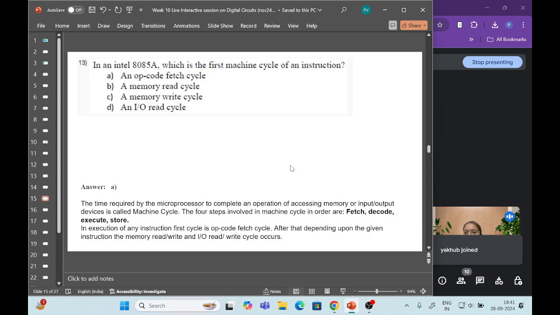In Intel 8085A, the first machine cycle of an instruction is the opcode fetch cycle. After that, decode, execute, and store, depending on the instruction given to the microprocessor. So option A is the correct answer for this question.